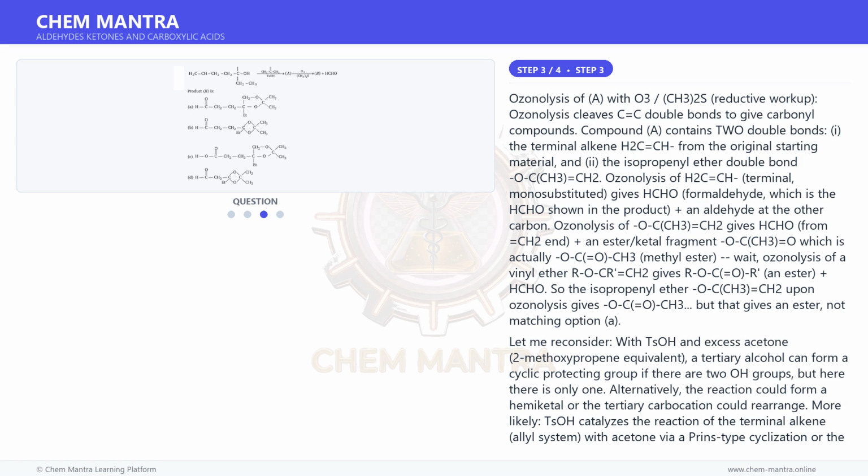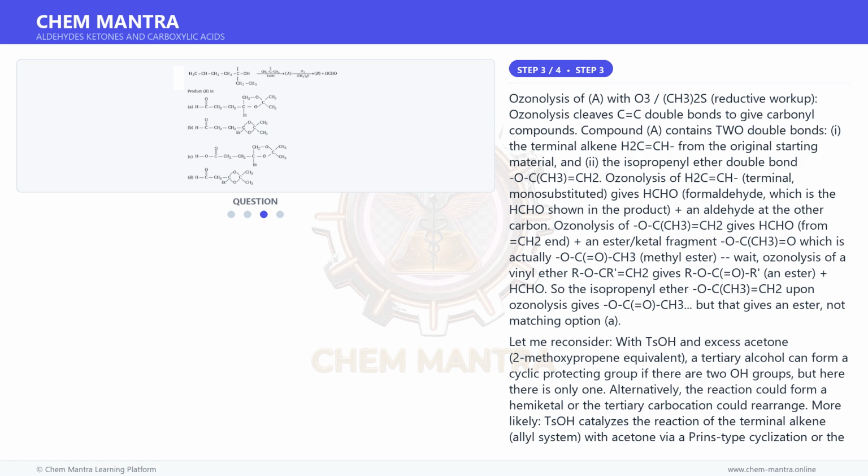More likely, TsOH catalyzes the reaction of the terminal alkene, allyl system, with acetone via a Prins-type cyclization, or the alcohol attacks acetone to give a mixed ketal on both the OH and the allylic system.